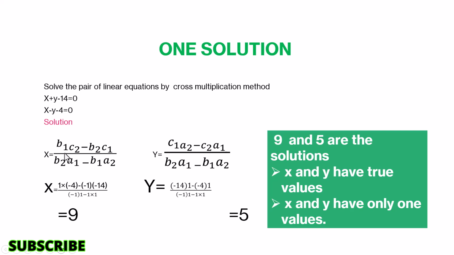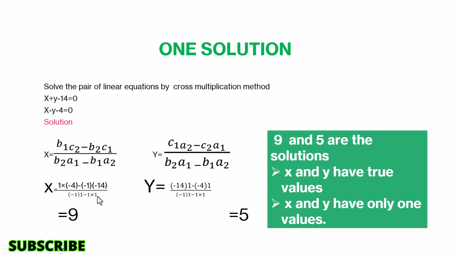We can directly apply x is equal to (b1 c2 minus b2 c1) by (b2 a1 minus b1 a2). b1 is the coefficient of y, 1, into c2, the constant in the second equation, minus 4, minus b2, which is minus 1, and c1 is equal to minus 14.